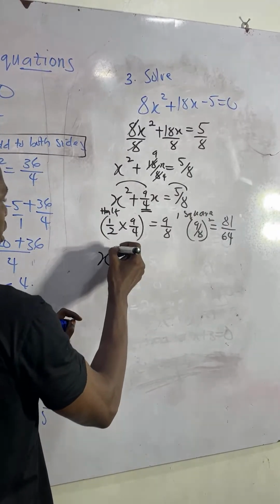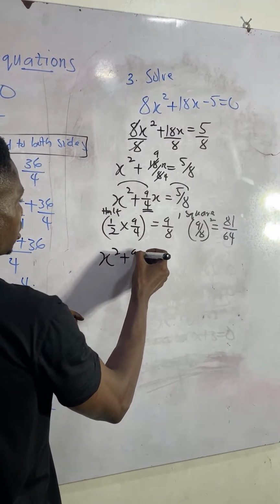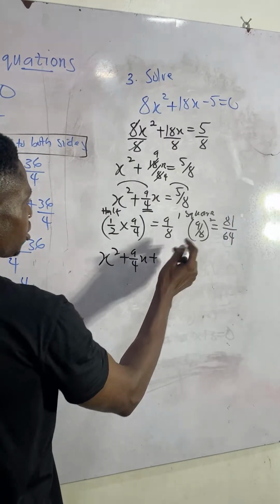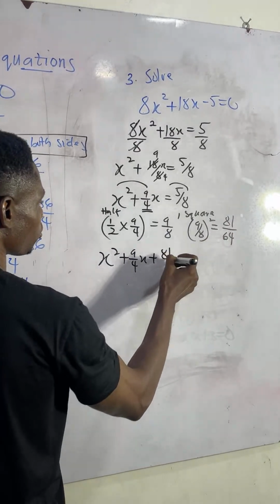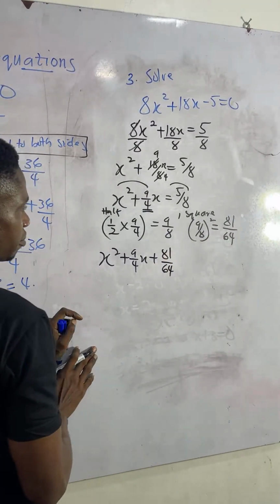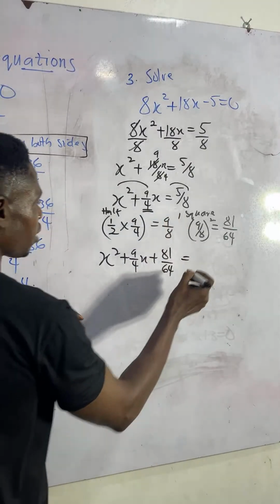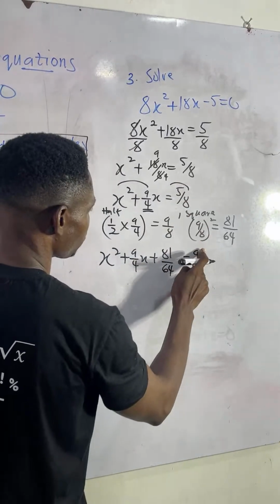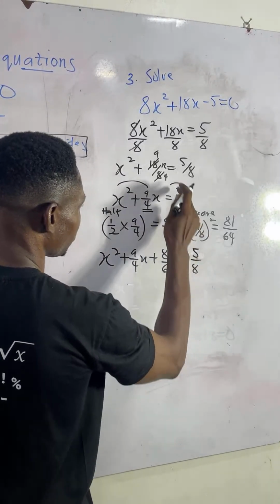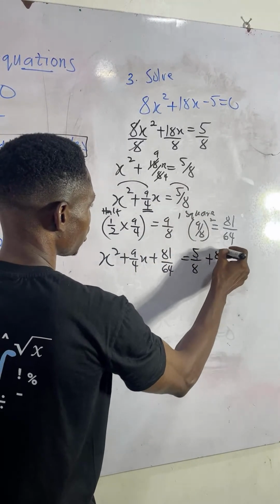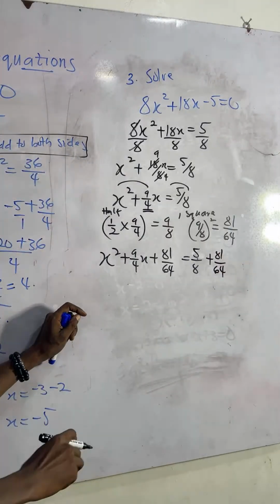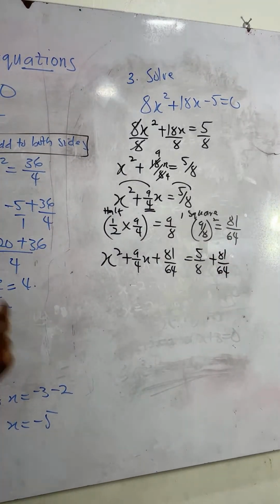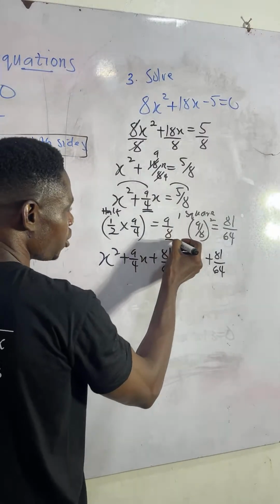So we'll have x squared plus 9 over 4x plus 81 over 64 equal to, here we already have our 5 over 8, plus 81 over 64. Always don't forget your half value.